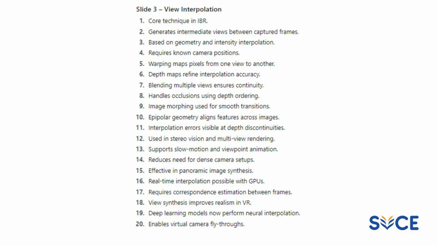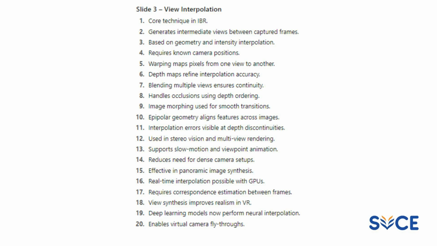It warps and maps pixels from one view to another, with depth maps refining interpolation accuracy, blending multiple views to ensure continuity, and handling occlusions using depth ordering. Image morphing is used for smooth transitions where epipolar geometry aligns features across the images.